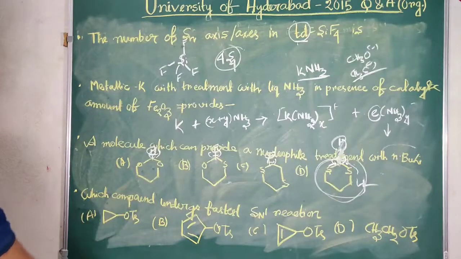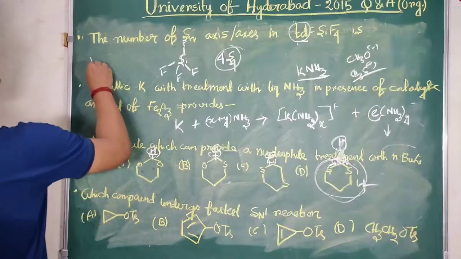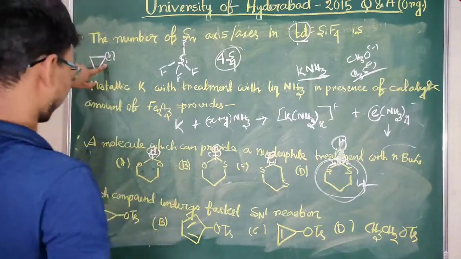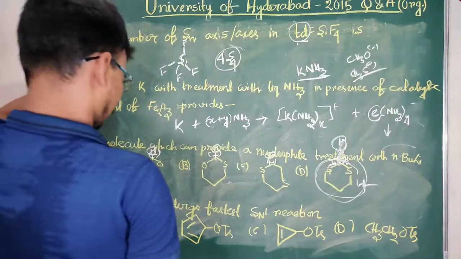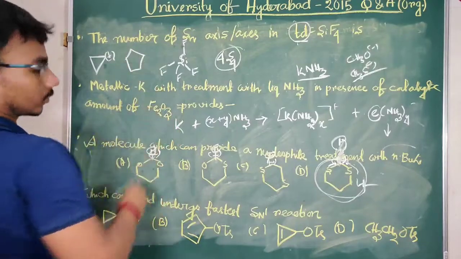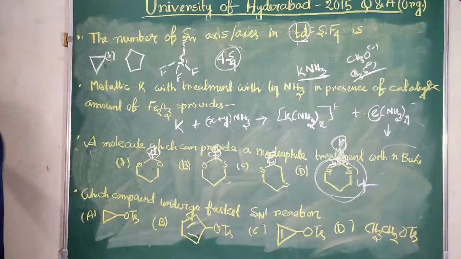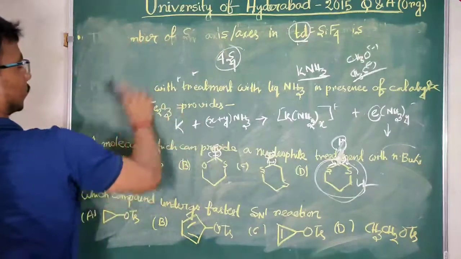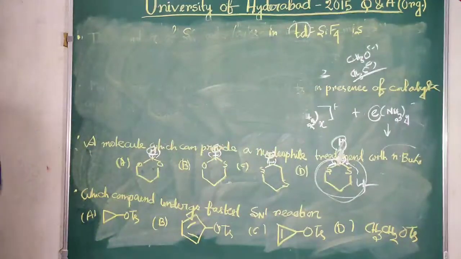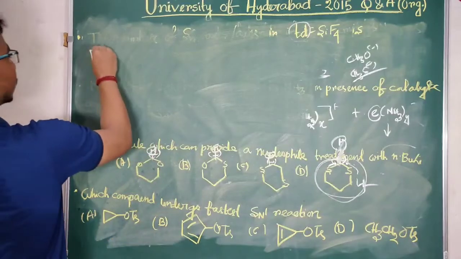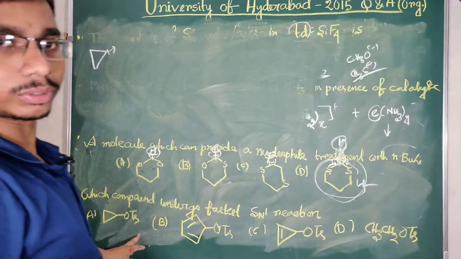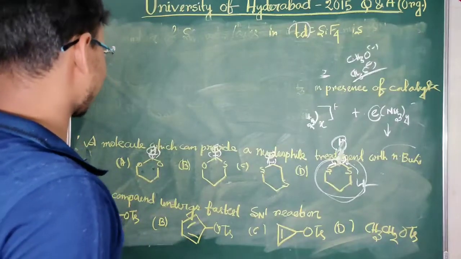So after removing OTs, can I write here? Obviously we will get a carbocation from compound A. Let me rub this, it will be easier to understand. From compound A, after removing OTs, OTs is a good leaving group, it leaves and produces a carbocation.